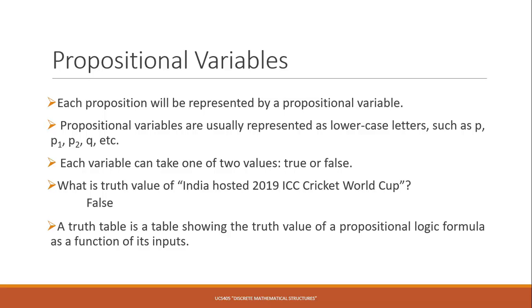If I have two variables a and b, the total number of possible combinations of a and b will be 4, because both can be true, both can be false, either a can be true and b false, or the reverse. If I have n variables, then there are a total of 2 raised to power n possible combinations, or rows, in the truth table. We will construct the truth table on the basis of the propositional formula.